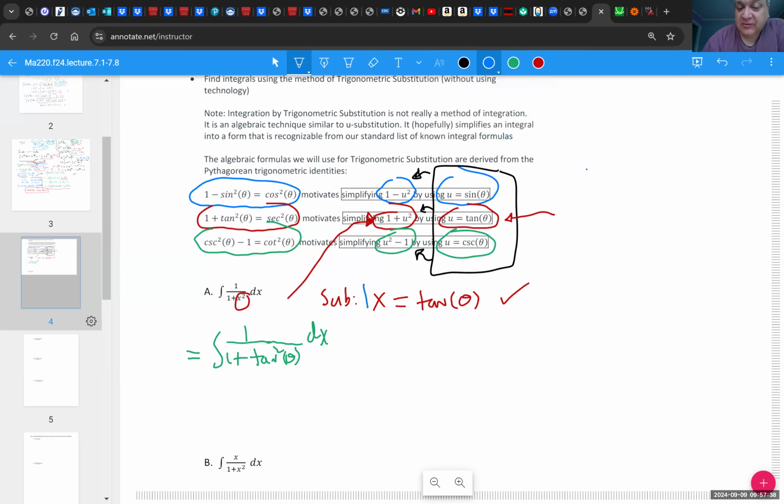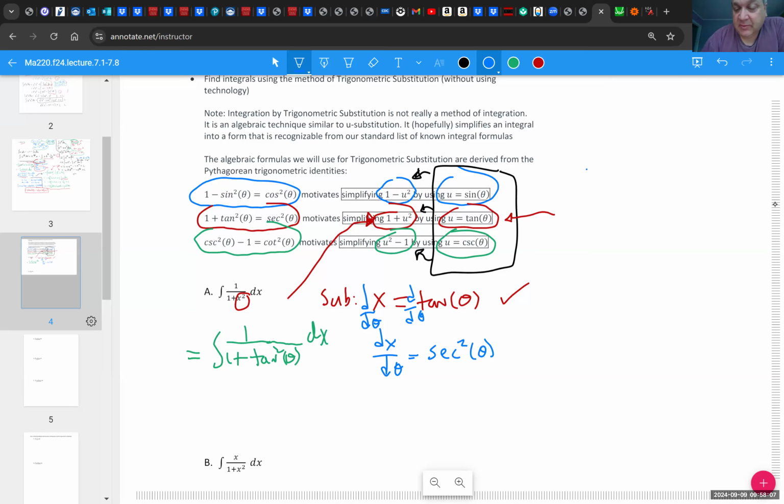So I'm differentiating with respect to the input variable, which is theta. I do d theta on both sides. This is like dy dx, but there's no y. The output variable is x, and the input variable is theta. So we do d theta, which gives us dx d theta. And over here, we have the derivative of tangent theta, which is secant squared theta.